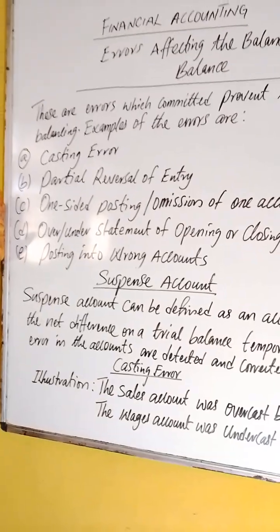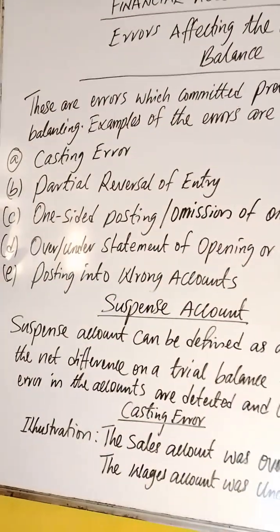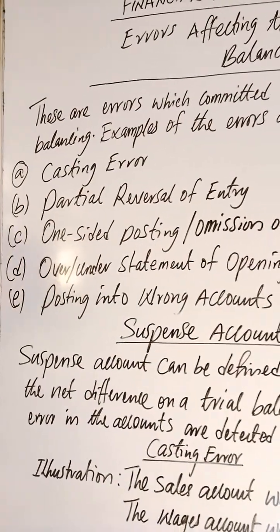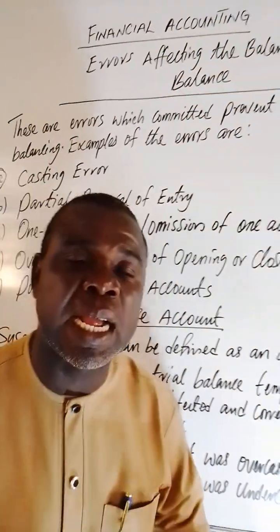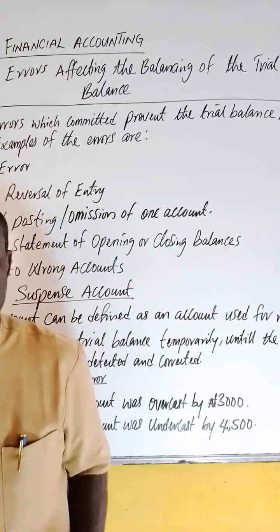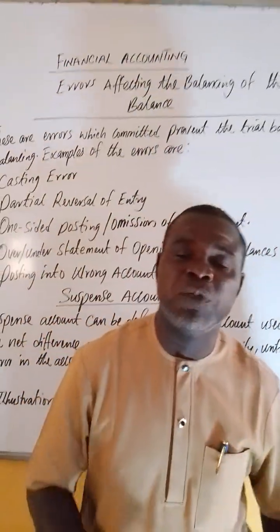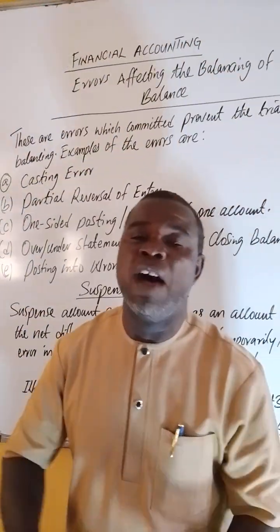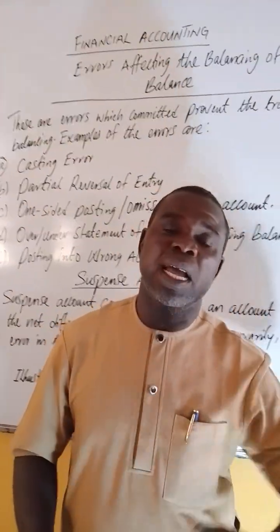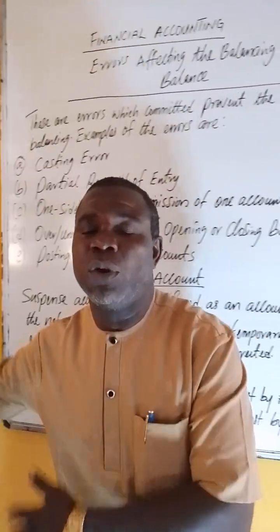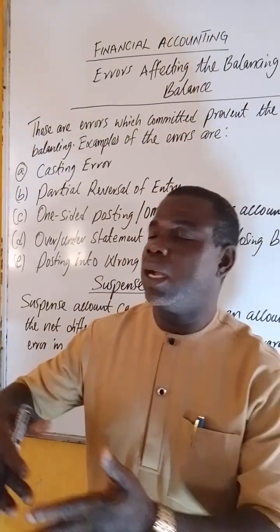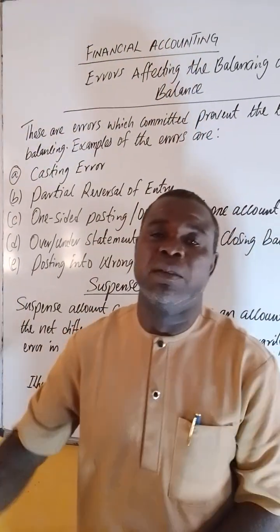Next, we have what is called overstatement or understatement of opening or closing balances in accounting. In accounting, based on the going concern concept, most accounts, especially real accounts, have opening balances, like furniture and fittings, and other accounts like cash and stock have what is called balances brought forward.